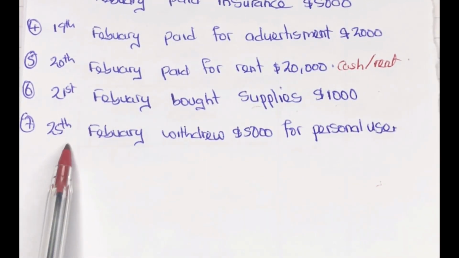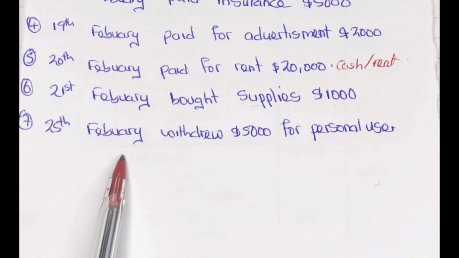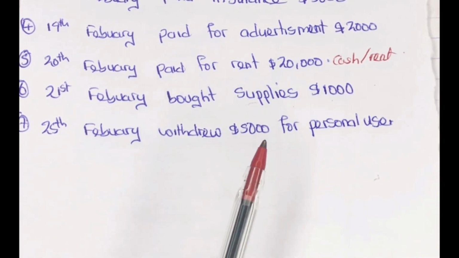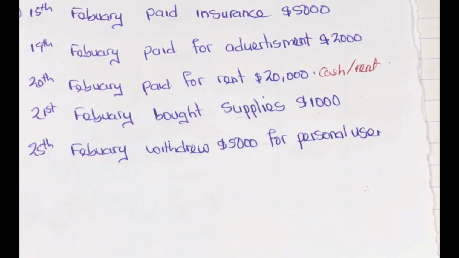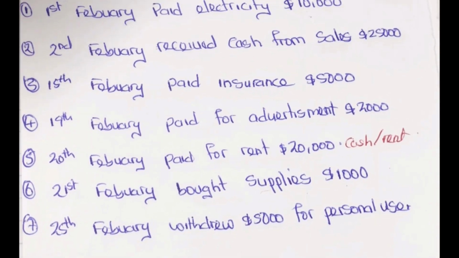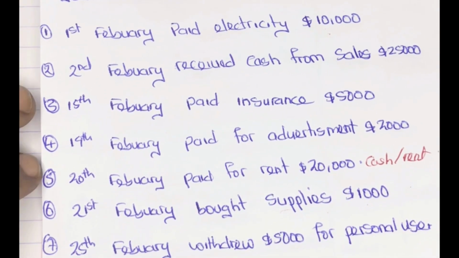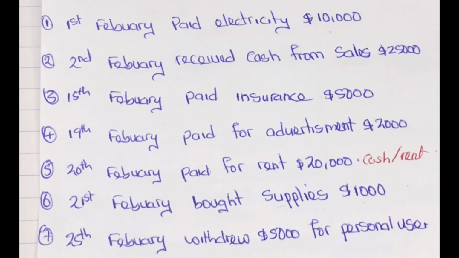here says on the 21st of February, we drew $5,000 for personal use. So this one is another transaction altogether. So if we say we drew from the business, or we are withdrawing for personal use, it means that the owner of the business has withdrawn some money.